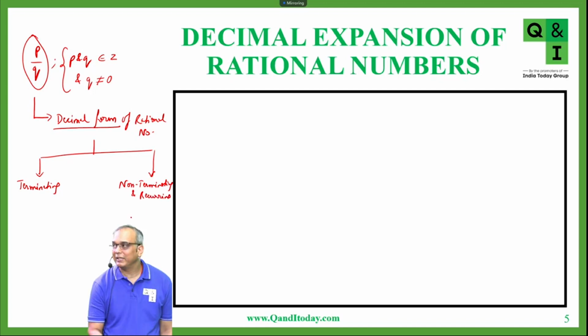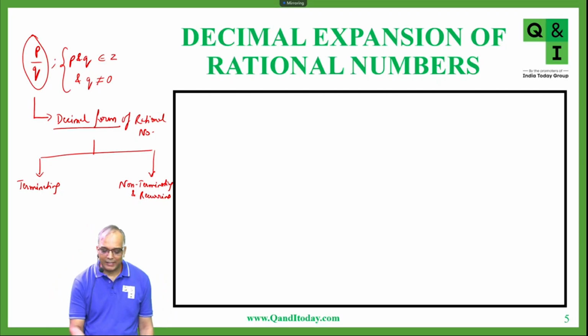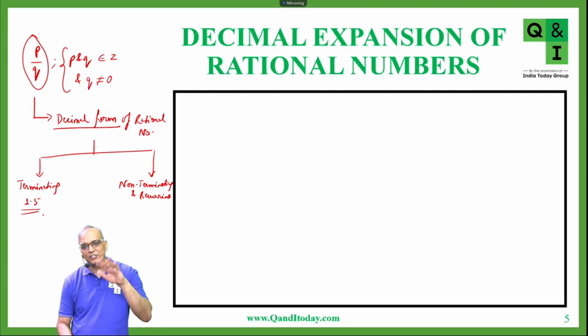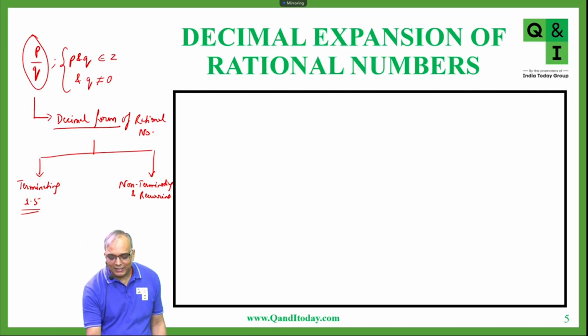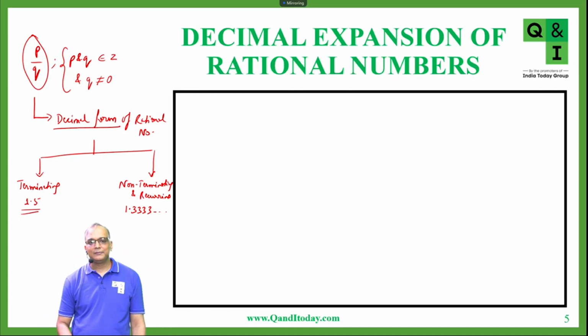Recurring or repeating is one thing only. Is it clear? Now, a terminating decimal example, you can have 1.5. This is a terminating decimal because after 0.5, it stops. Similarly, non-terminating and recurring, you can have an example 1.3333 and so on. Right? Is it clear?